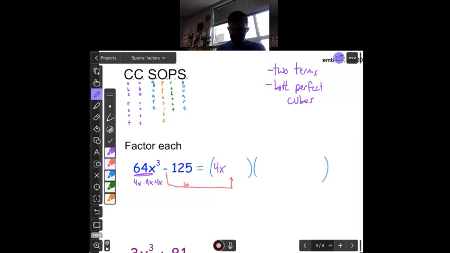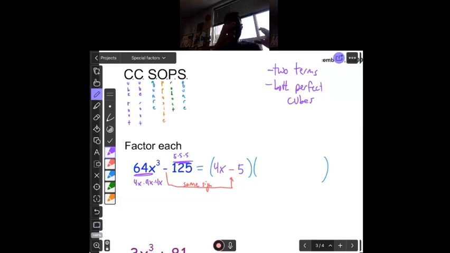It's always the same sign as the problem here. That's a minus sign. And then I need to cube root the 125. What times itself 3 times is 125? That's 5 times 5 times 5. So 5 goes there. So there's my CC. Cube root, cube root.